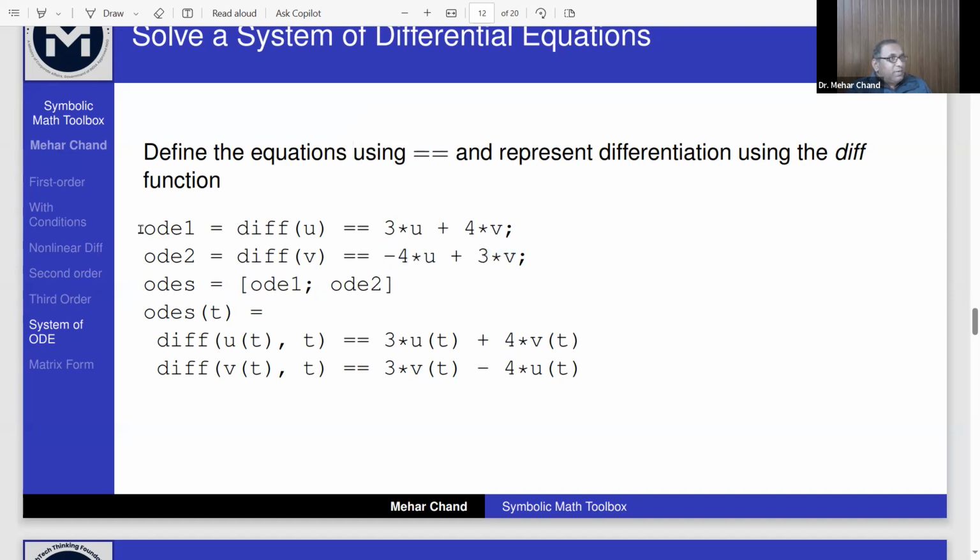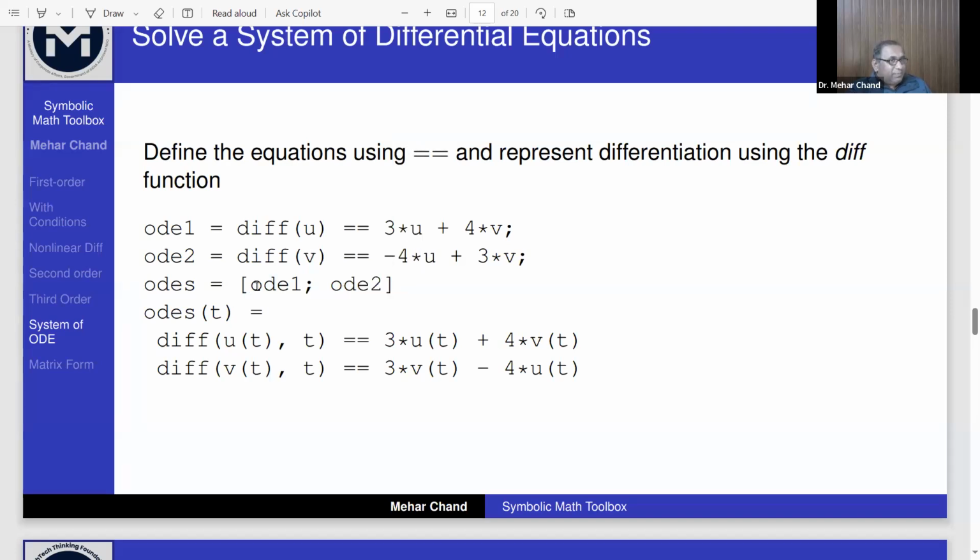For both the differential equations, we first need to use a single assignment variable, as we did in the last example for the conditions. In the same way we are using it here. So ODE is equal to ODE1, ODE2, with a semicolon here.